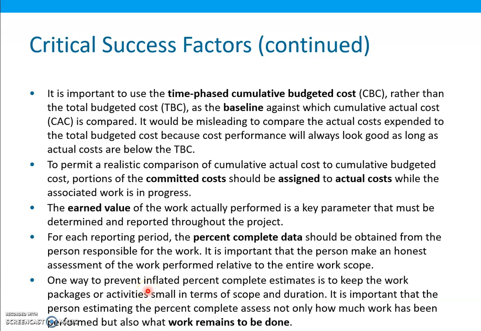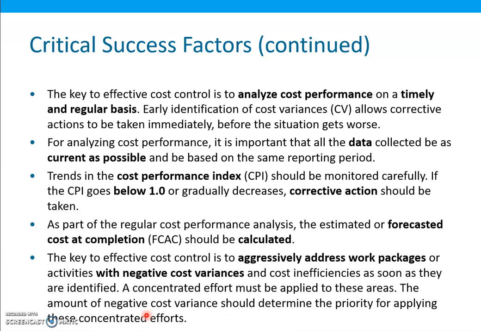One way to prevent inflated percent complete estimates is to keep the work packages or activities small in terms of scope and duration. It is important that the person estimating the percent complete assess not only how much work has been performed, but also what work remains to be done.